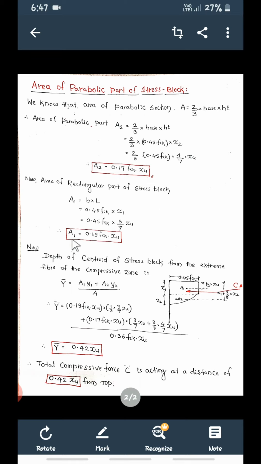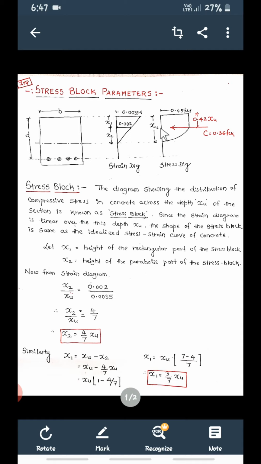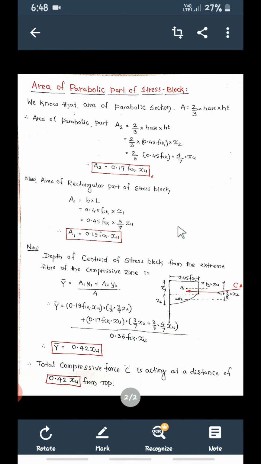Similarly, now we're going to consider the area of this rectangle part. What is the area of a rectangle? It is length into breadth. This is the base and this is the height. The height of this rectangle will be x1 and the base will be 0.45 FCK.